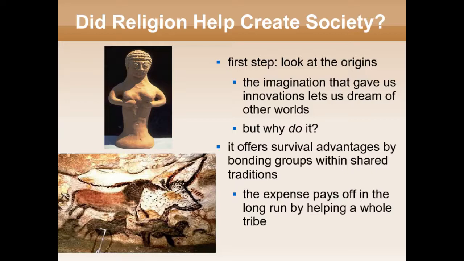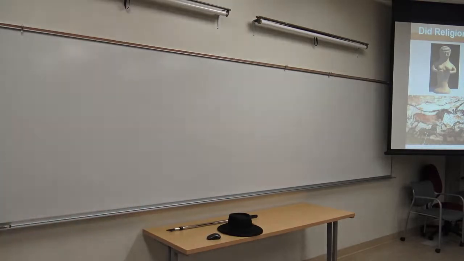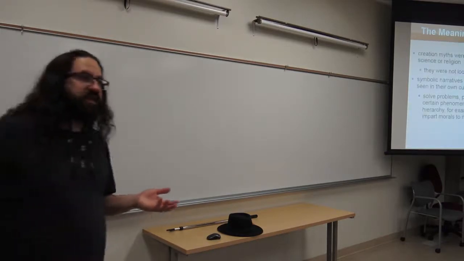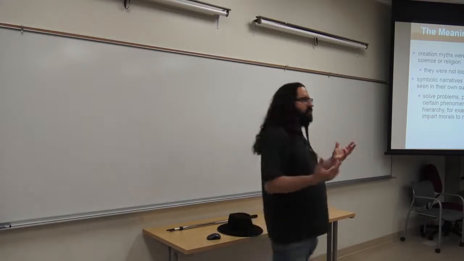So collectively, we prosper more through these senses of common identity, through these tribal identities. In a sense here, religious traditions helped to build complex society in the first place. They actually helped to build our more complex cultures.